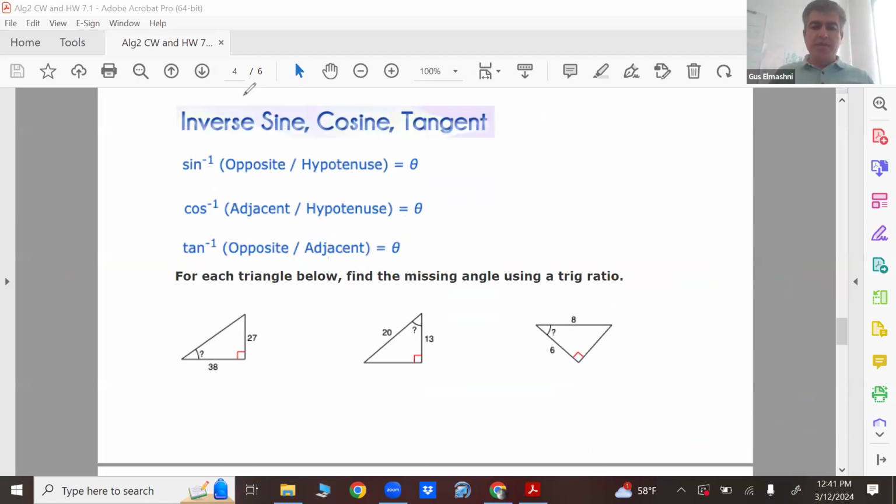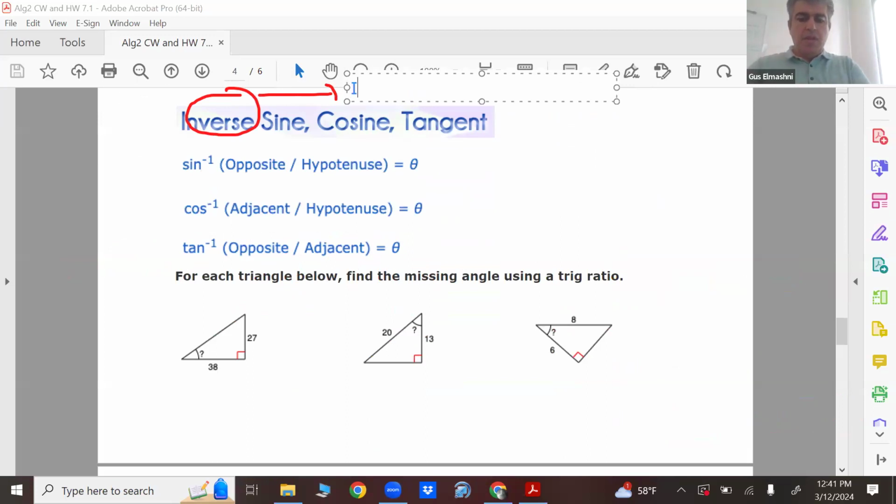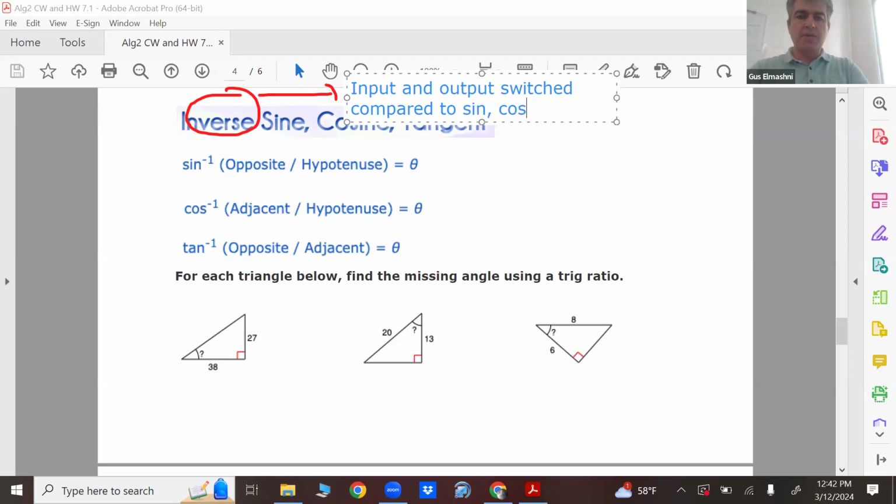So inverse trig is exactly what it says. Input and output are switched, compared to sine, cos, and tan.